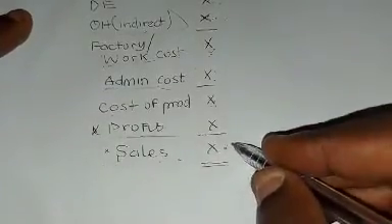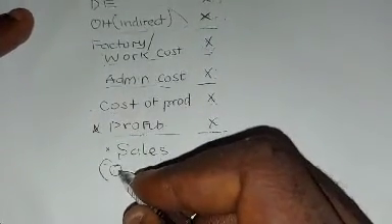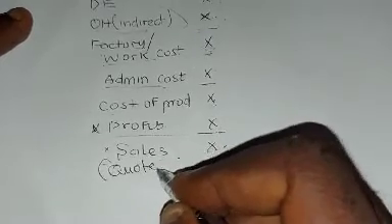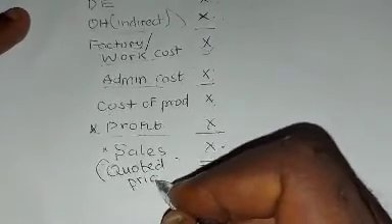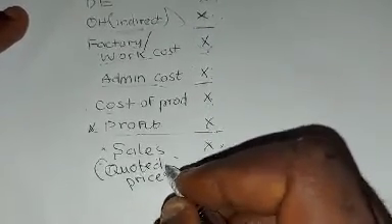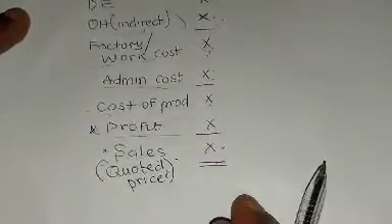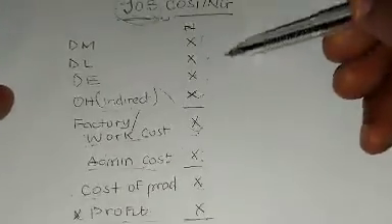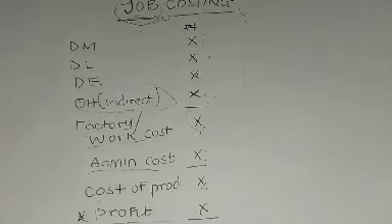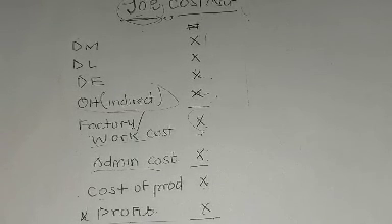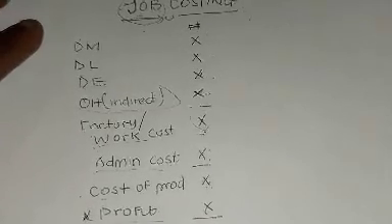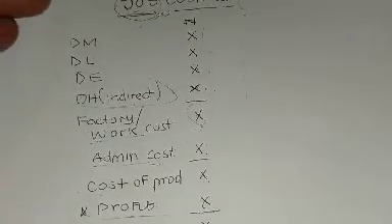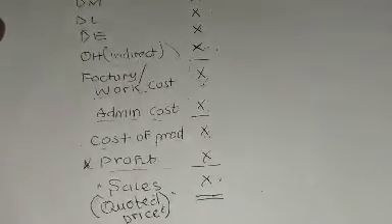So this is the quoted price, the quoted price that will be given to the customer concerning job costing. That is a particular task. If you are to carry out a particular task, you as the cost accountant add all these elements of costs as I've explained.